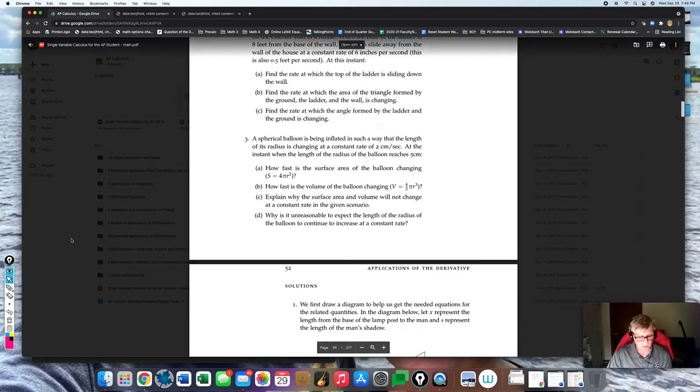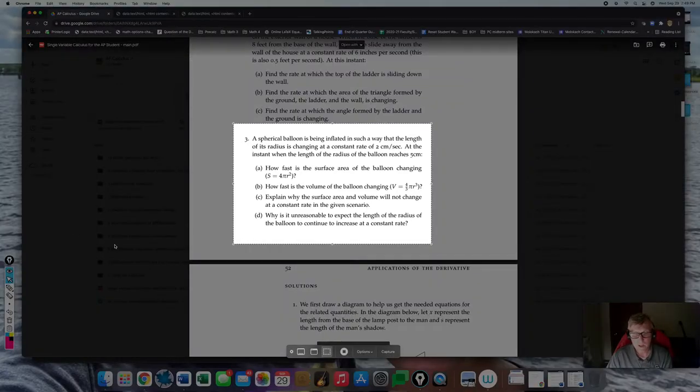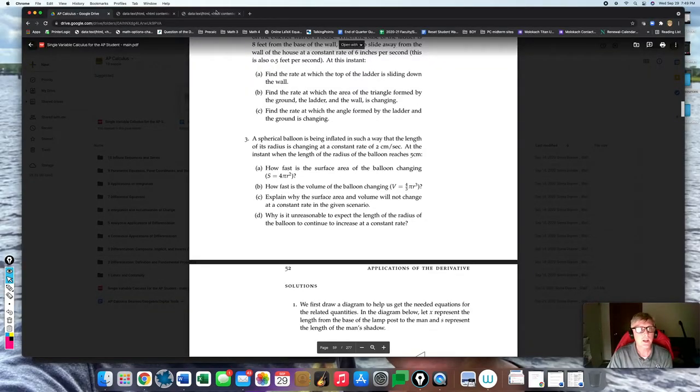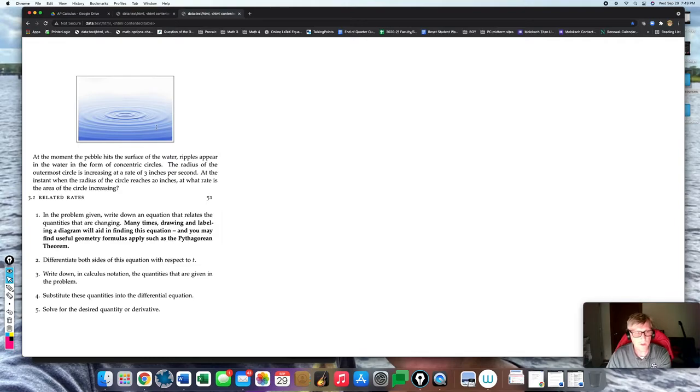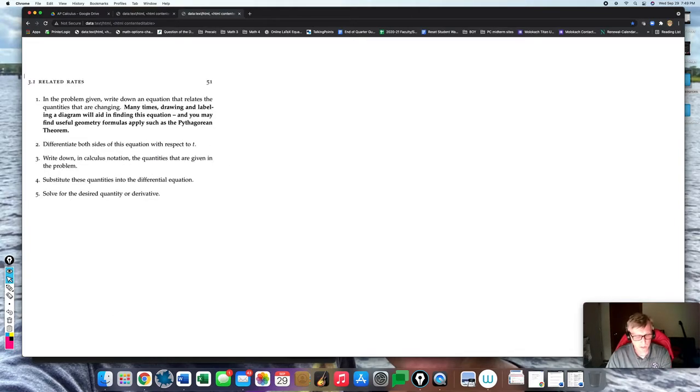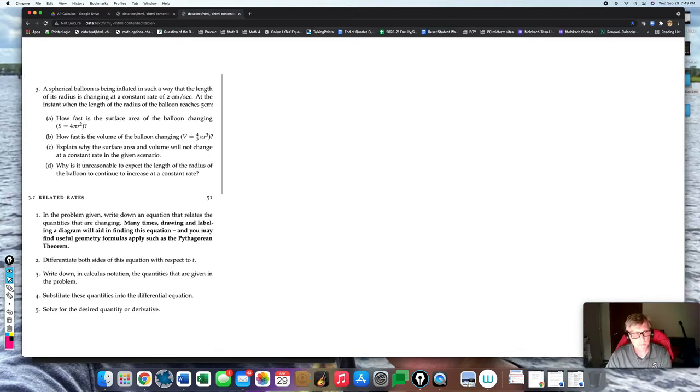So let me see if I can just grab this one about the spherical balloon, because for my students, you're going to have a lab this week that has to do with something that comes from geometry that's kind of like this. So, yeah, let me just grab that, and let's come up here and paste that problem.